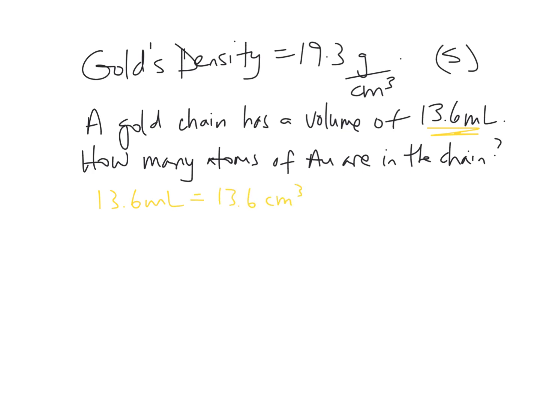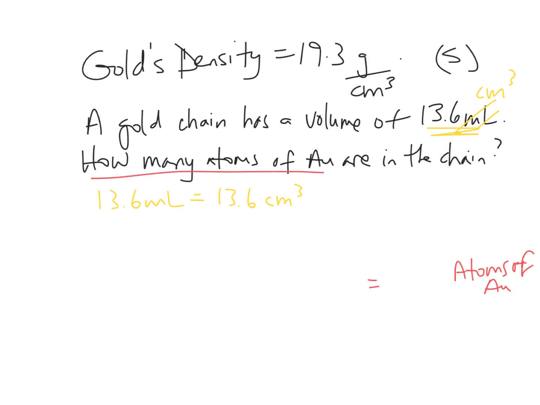So you can go ahead and sub in that unit if it makes more sense, which you can imagine it likely does. Again we should start with the end in mind, and what we're looking for is how many atoms of gold, so we want our final unit to be atoms of Au. How are we going to get there?